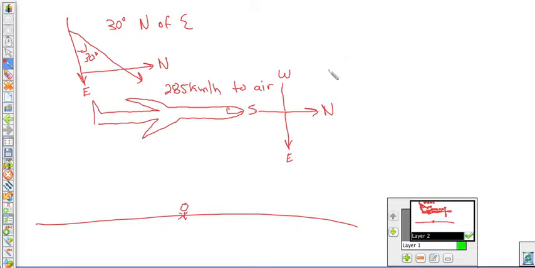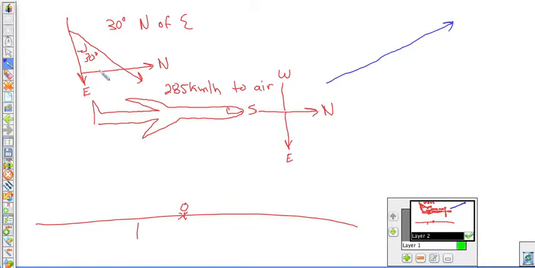Well, that plane is going to have to take its, I'm going to go ahead and get a different color, it's going to have to take its velocity right here, which is 285, and angle up slightly to the west. So this is the west direction. And how much is it going to have to angle up to the west?